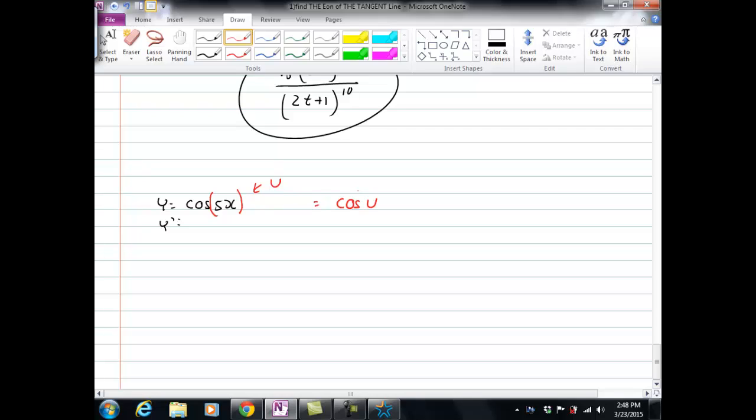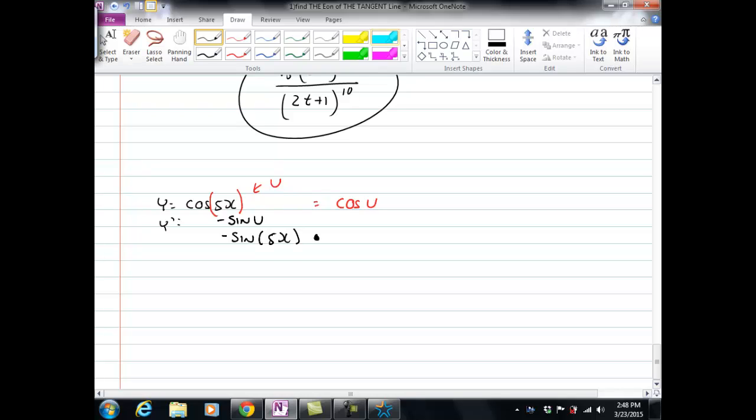So the derivative of cos u really is negative sine u. But in this case, I go negative sine 5x. But there's a catch. I'm missing one more thing. I've got to multiply this by something. What do you multiply this by? 5.